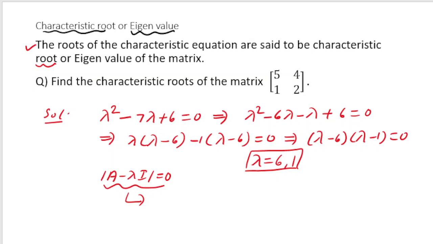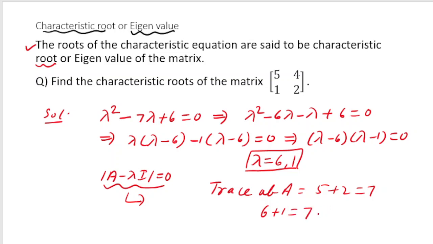But it is important to observe here for checking whether the eigenvalues that we are getting are correct or not. So the first observation is that if you take the trace of A, what you get here is 5 plus 2, that is equal to 7. And if you take the sum of eigenvalues, 6 plus 1 is equal to 7.